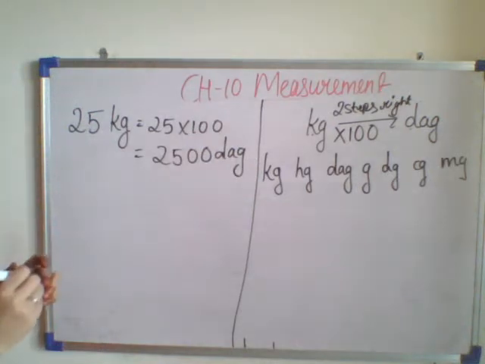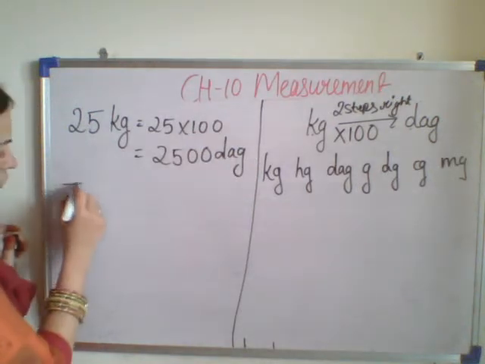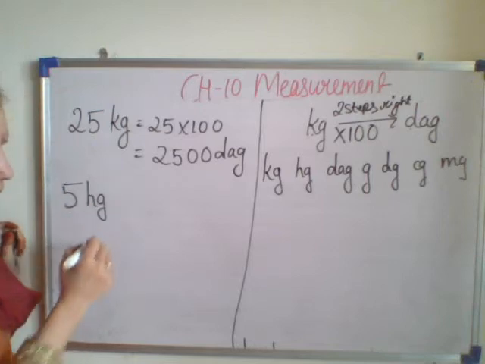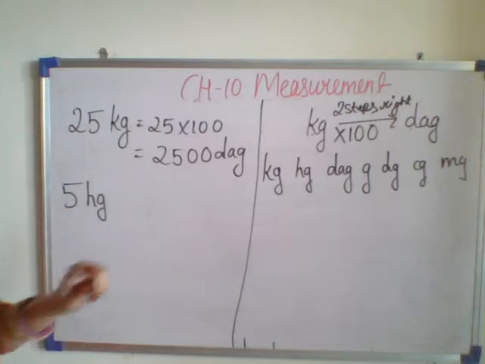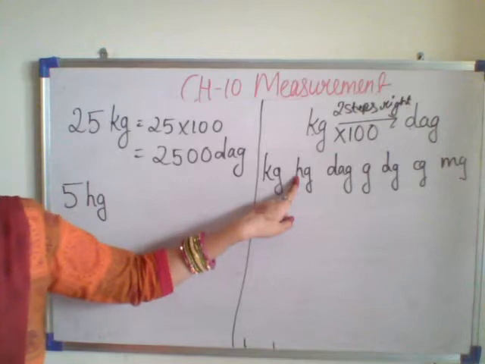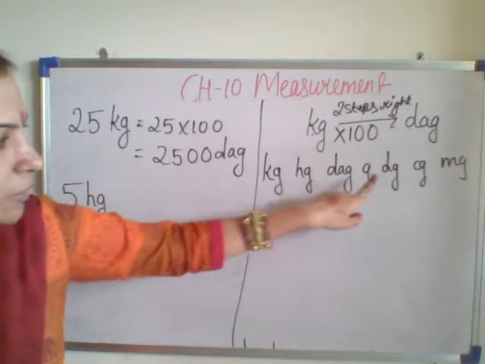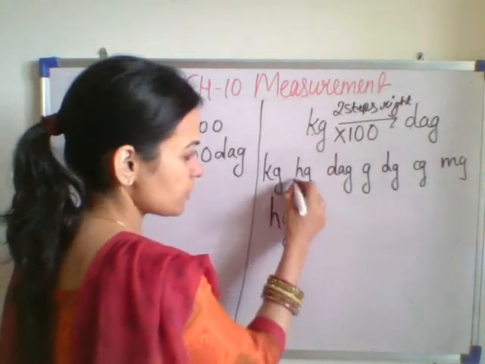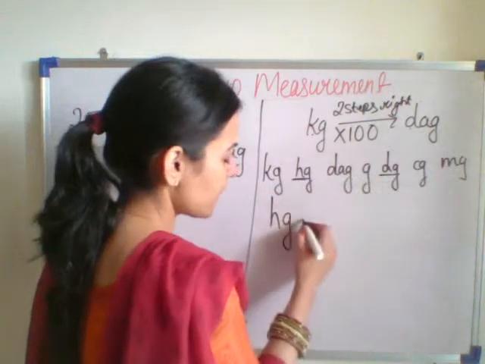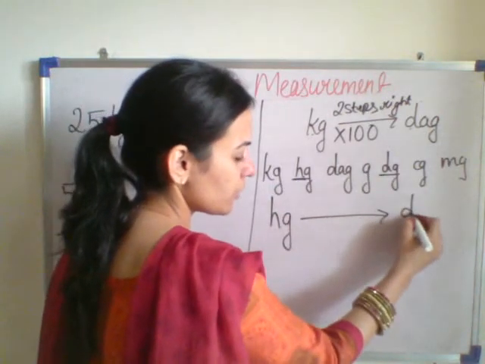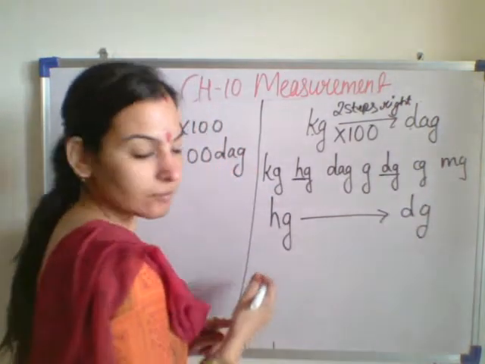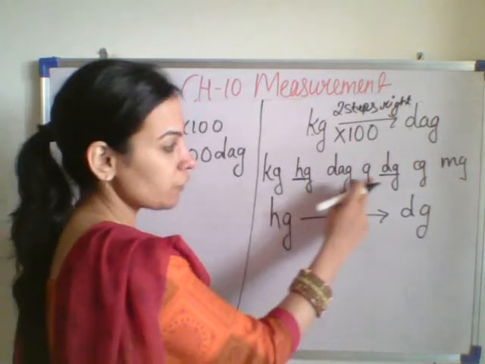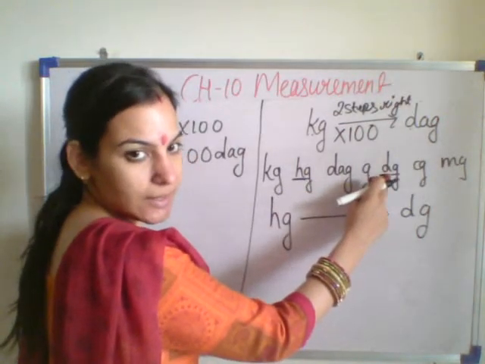Now if I want to convert 5 hectogram, this is hectogram, into decigram, this is hg, I want to convert it into this dg.